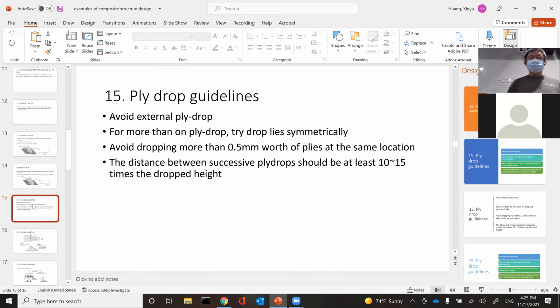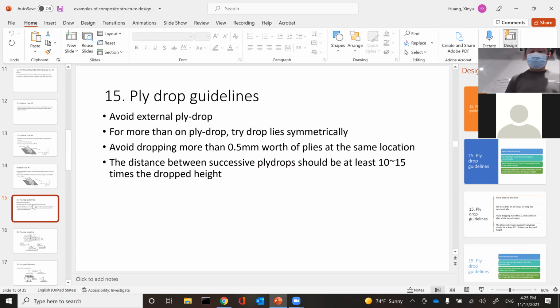The distance between successive ply drops should be at least 10 to 15 times the drop height. Let's say you want to drop thickness vertically by 1 millimeter. You don't want to do it in successive fashion; the distance needs to be 10 to 15 times the amount you want to drop.